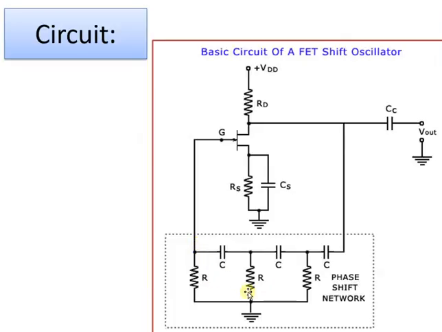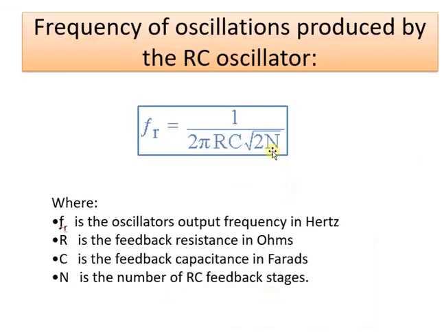If you look at this particular circuit, we have 3 stages of R and C, and if you substitute the value of n equal to 3, this equation will become fR equal to 1 by 2 pi RC into square root of 2 into 3, that is square root of 6. And this frequency can be adjusted over a wide range if variable capacitors are used.